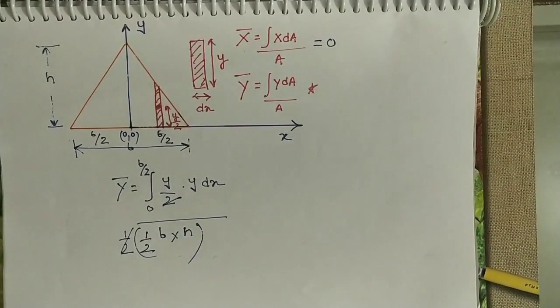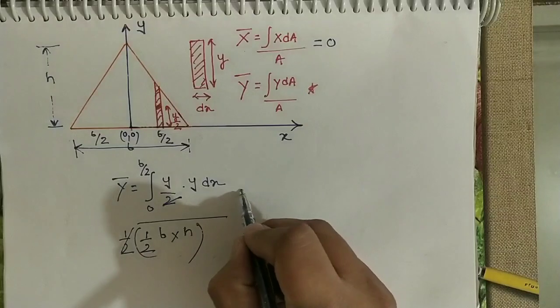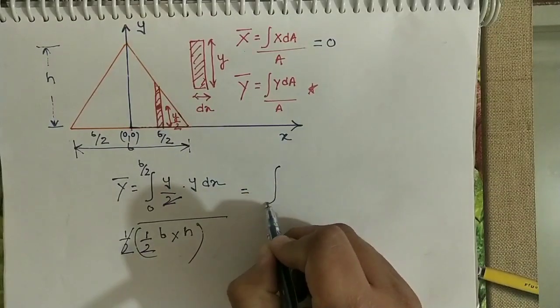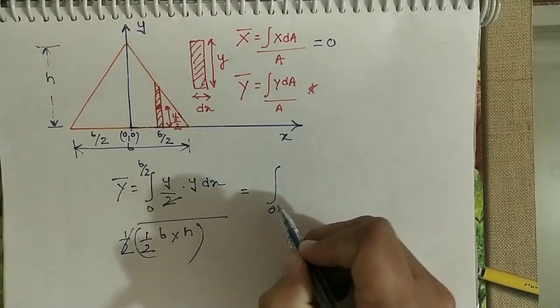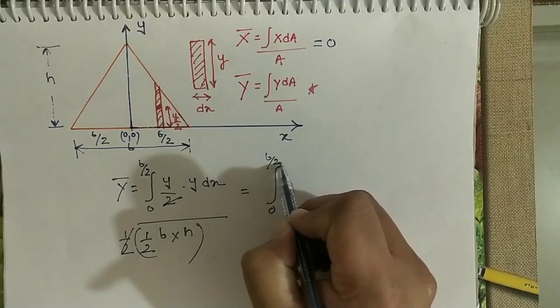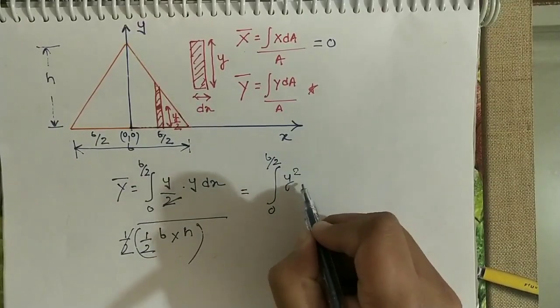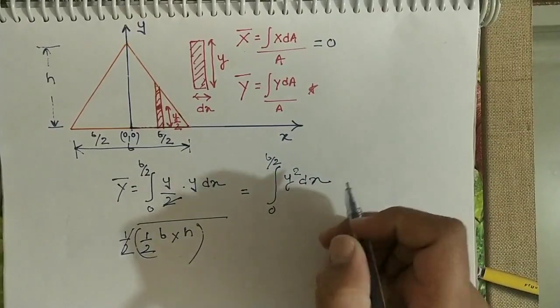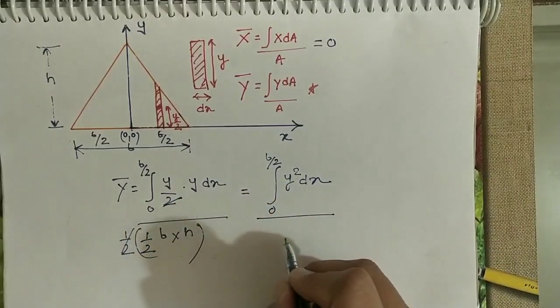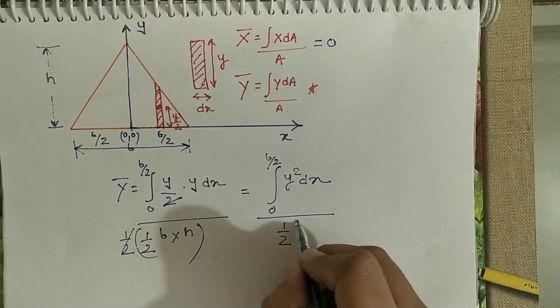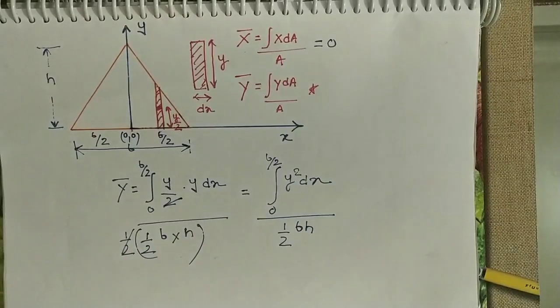These constants get cancelled out and the equation will become integration from 0 to b by 2 of y square dx by half bh.